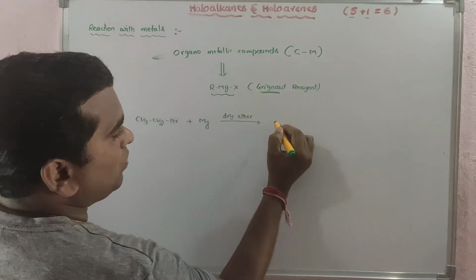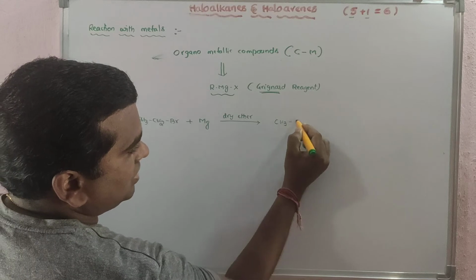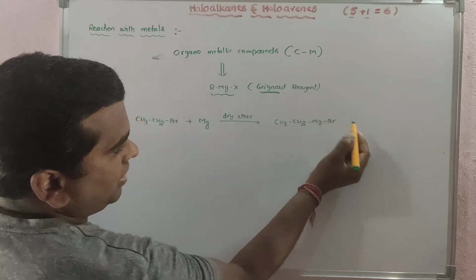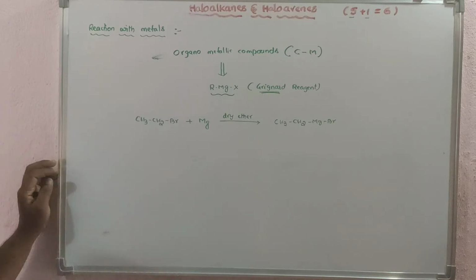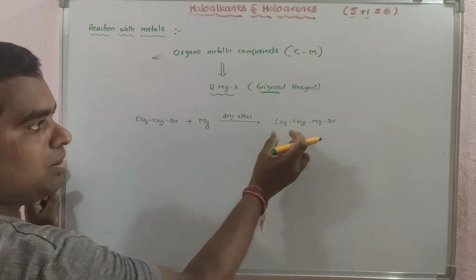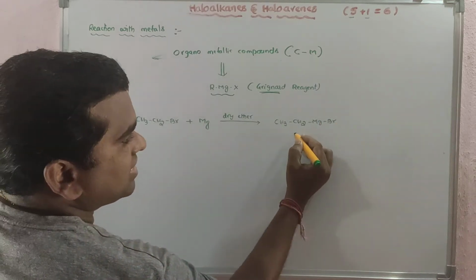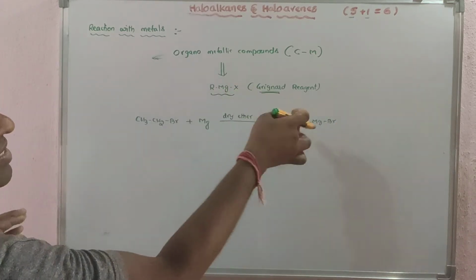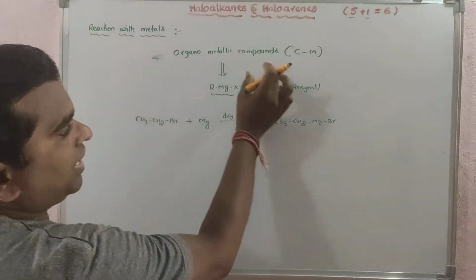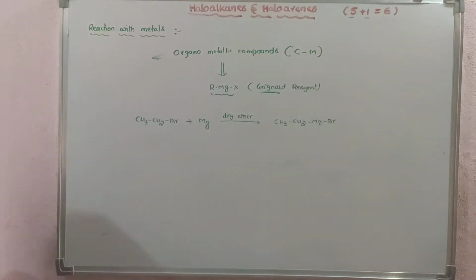Then the compound you get is CH3CH2MgBr. Clear? So this is alkyl magnesium bromide, ethyl magnesium bromide. R can be anything; R means an alkyl group. And this is the preparation of Grignard reagent.